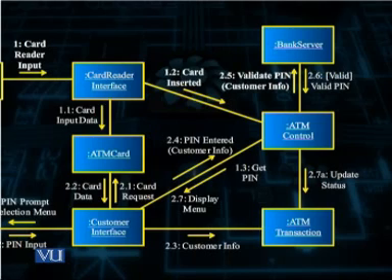Now this use case, which is the validate PIN use case, basically captures the flow of events in a normal course of action where a valid card has been inserted and the PIN has been validated, and this process is necessary for performing all the three transactions that the ATM system can do as part of its functionality.